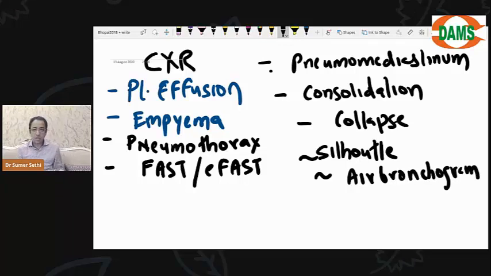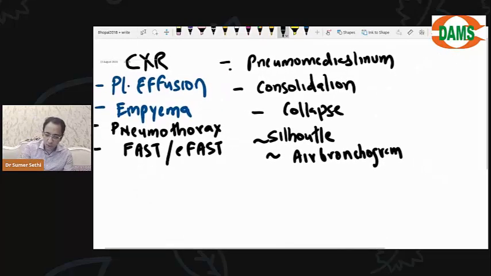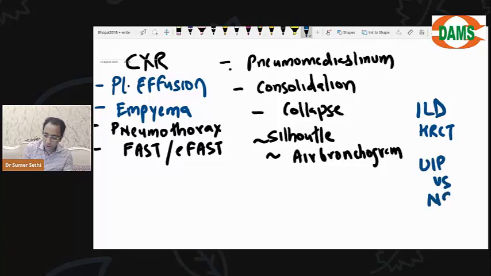Okay, so this is approximately what we had done in the last class. And towards the end of the class, I discussed interstitial lung disease, what is the role of HRCT, what we mean by UIP versus NSIP. This is what we discussed in the last class. Everybody clear? Okay, shall we move ahead? This is where we were in the last class.